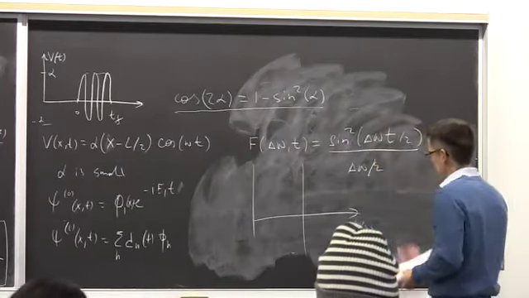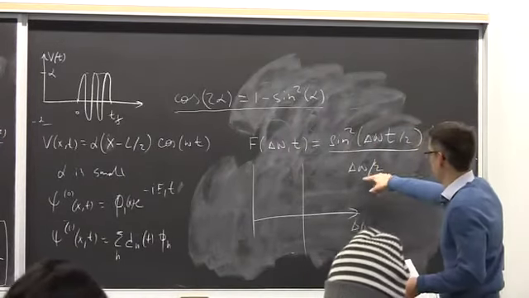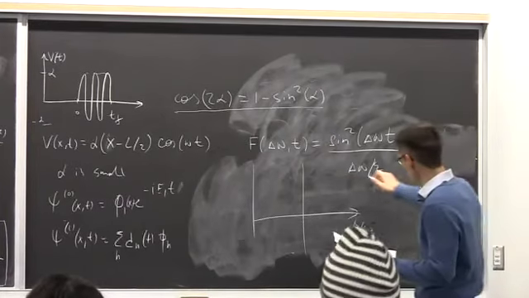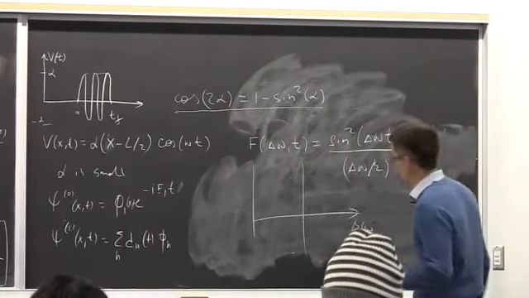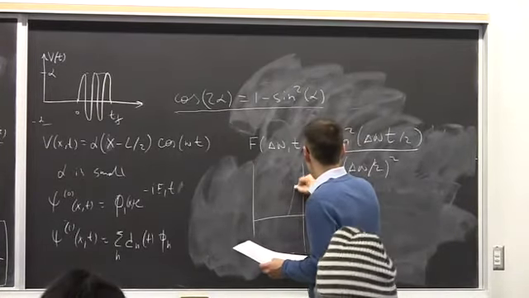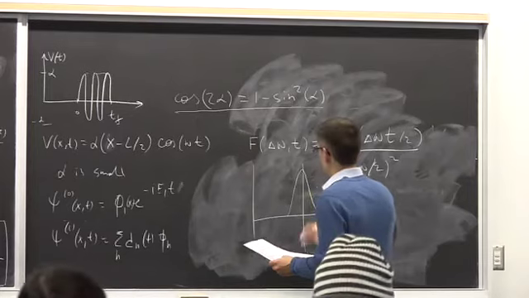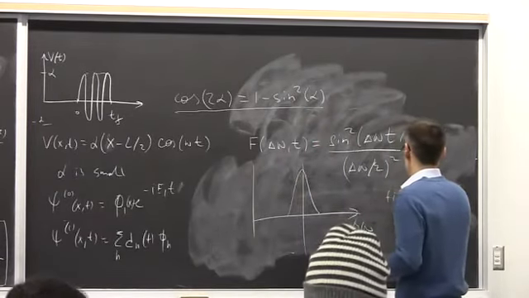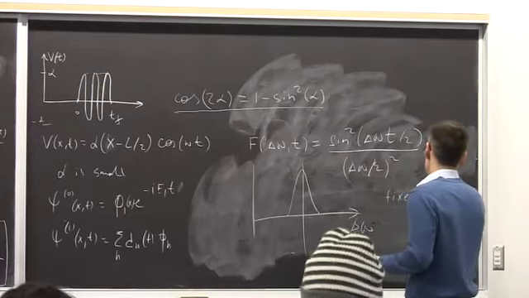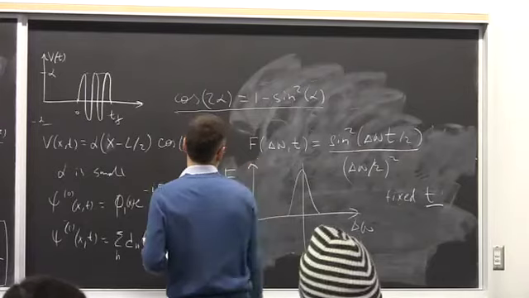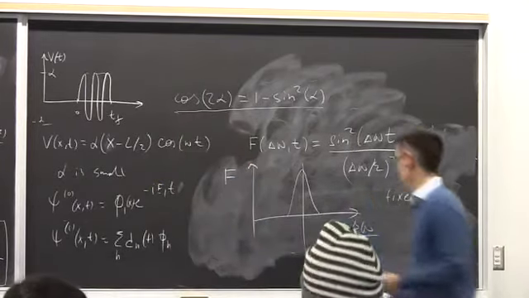After all, I guess it doesn't really matter whether we have delta omega divided by 2 as an argument or delta omega. There will be a peak. So say we fix t and we study now f as a function of delta omega.